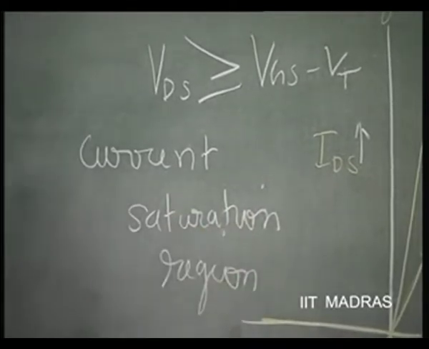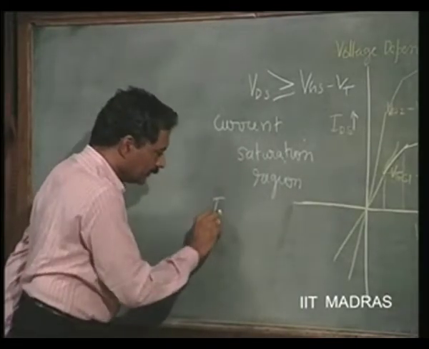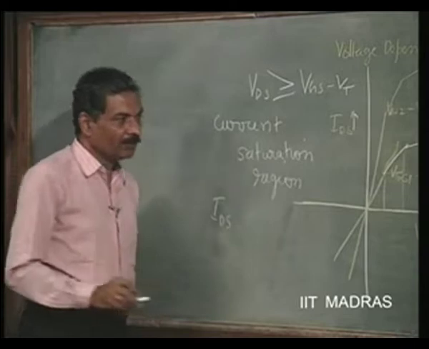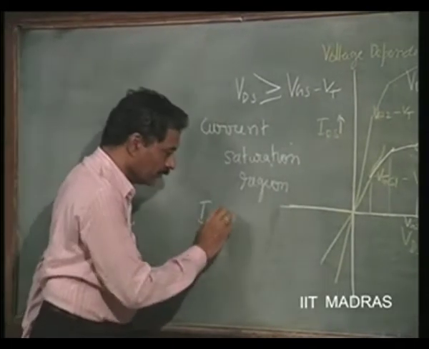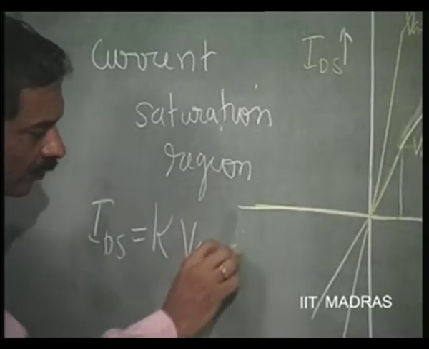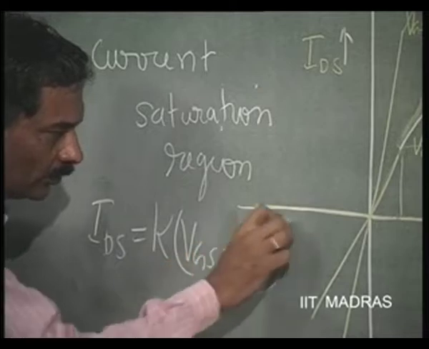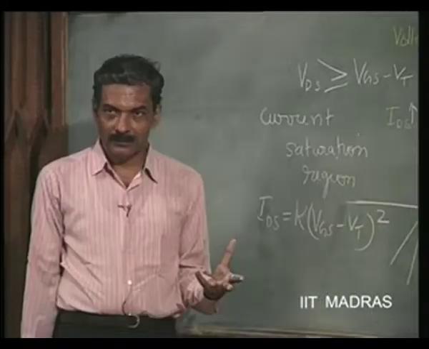Current is independent of VDS; IDS is dependent upon VGS minus VT, and it is equal to K times VGS minus VT whole squared. Important relationship, it is a square law relationship. How is it dependent upon VGS minus VT? In a square law manner.